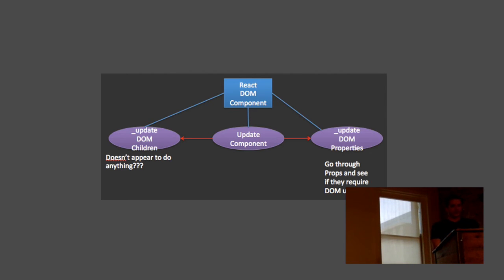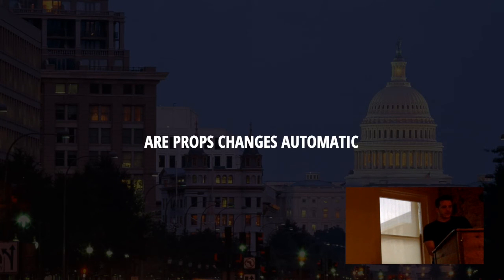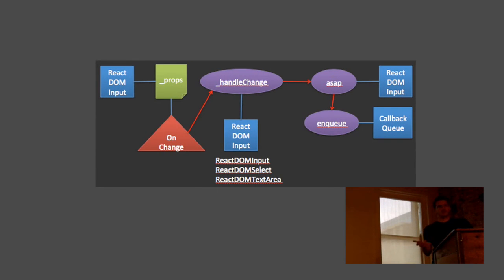We lightly talked on props because one of the major questions is, are props changes automatic? What I've been able to find so far with prop changes is that certain elements, like your divs and forms and inputs and text boxes, ultimately get converted into React DOM input, React DOM select, React DOM text area, React DOM form. And in some cases, React actually injects handle change, on change methods into some of these.